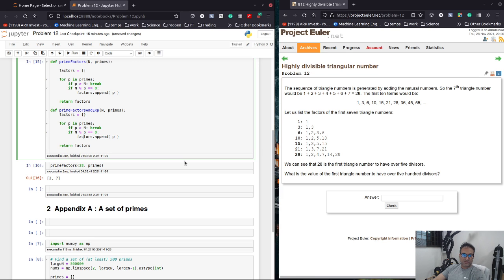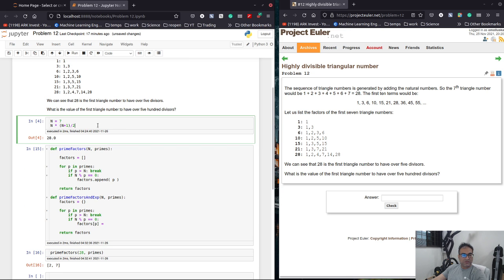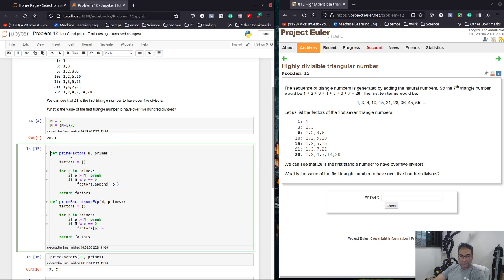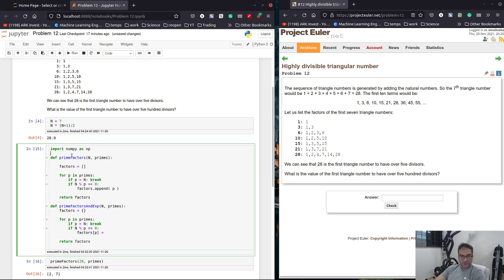and we will make it a dictionary. Okay, and factors of prime p equals, that goes import numpy as np, import math.